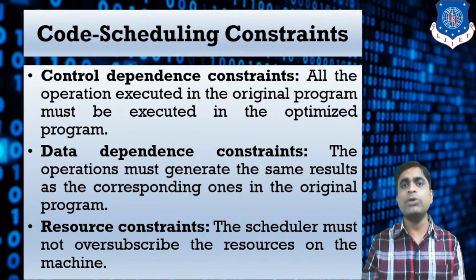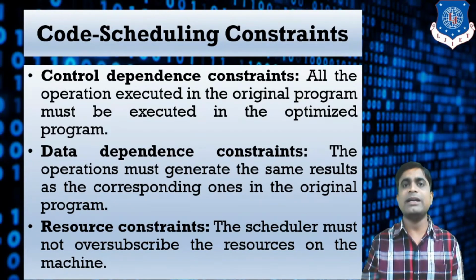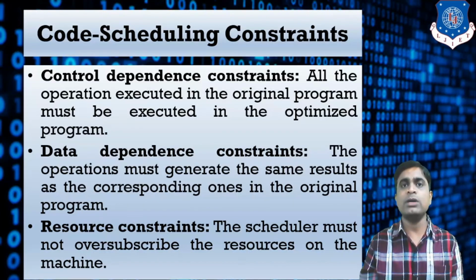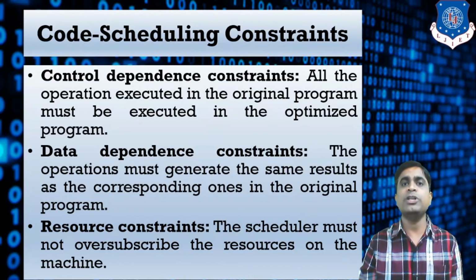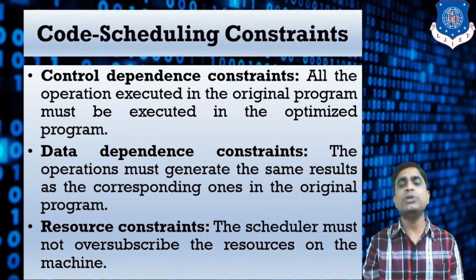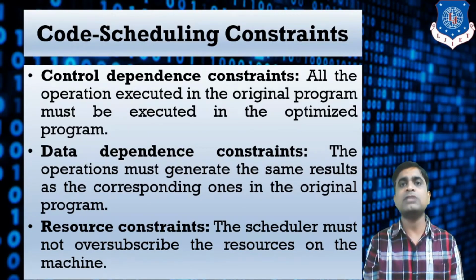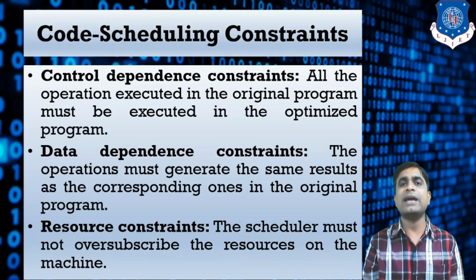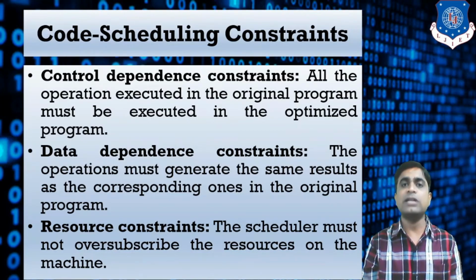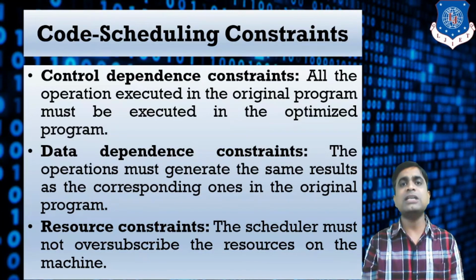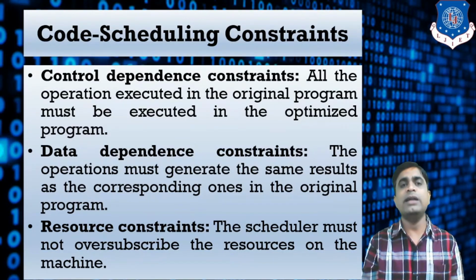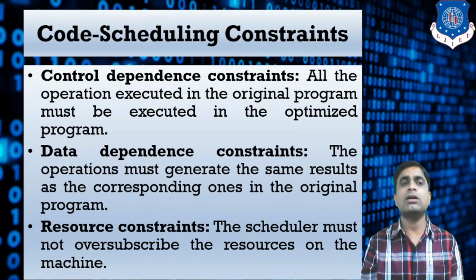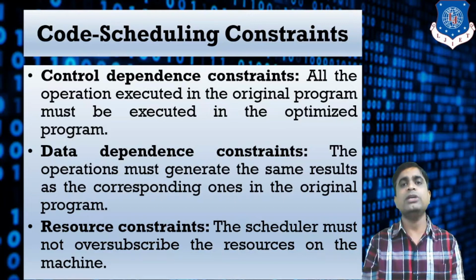There is some boundary, like 5-10 machines at a time can print. The rest of the machines should be in the queue. That is what the scheduler takes care of. Otherwise, all the resources are in waiting mode, and that should not happen. So these are some constraints that we need to handle while taking care of code scheduling constraints.